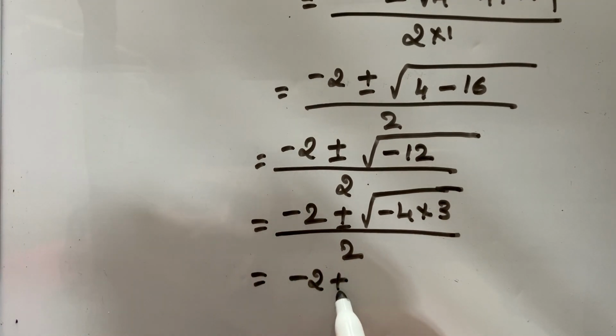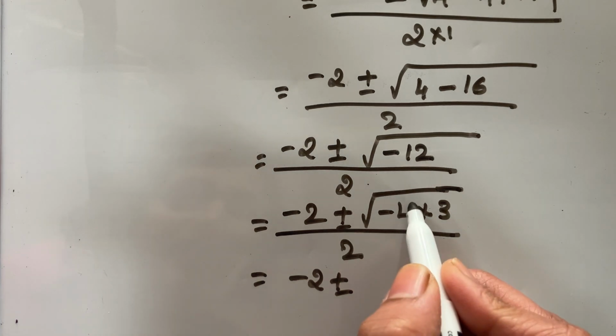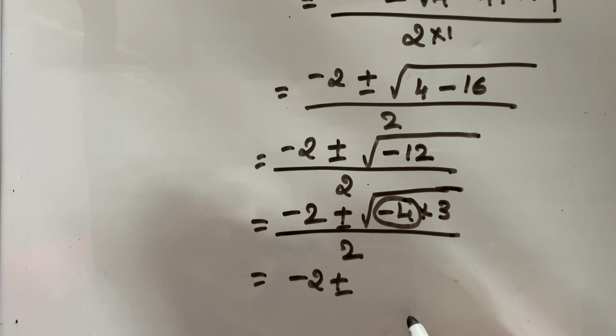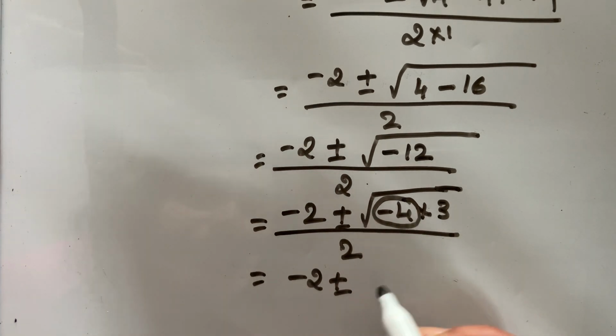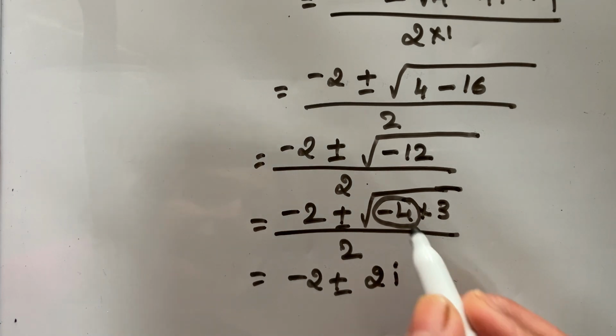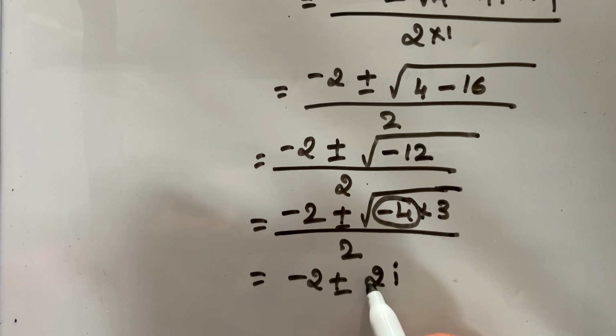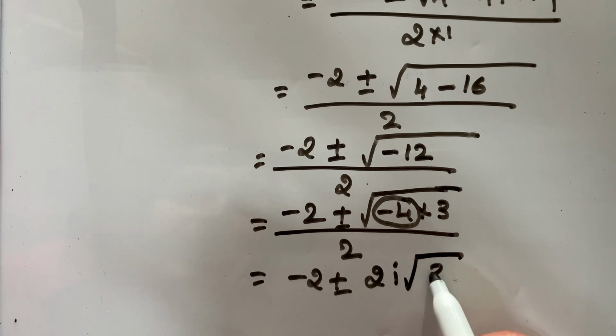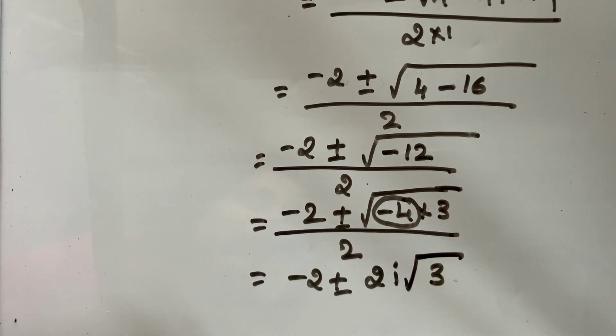Minus 2 plus or minus square root of negative 4. I can write the square root of negative 4 as 2i. I means square root of negative 1. The square root of 4 is 2 and you have negative 1 here, so I can write it as i. So the square root of negative 4 is 2i. The remaining thing is square root of 3.